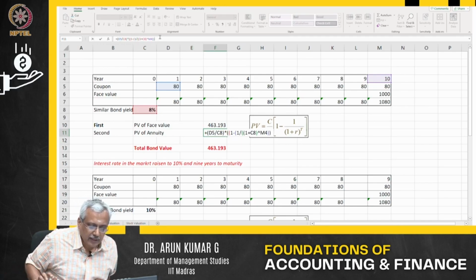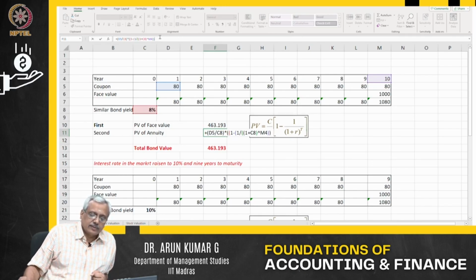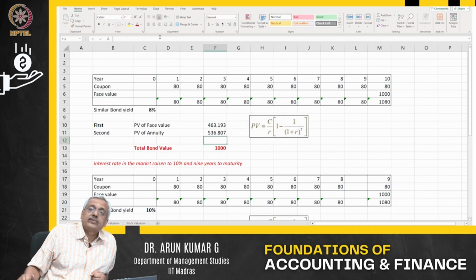I think I've closed all the brackets. So I have calculated the present value of the annuity.